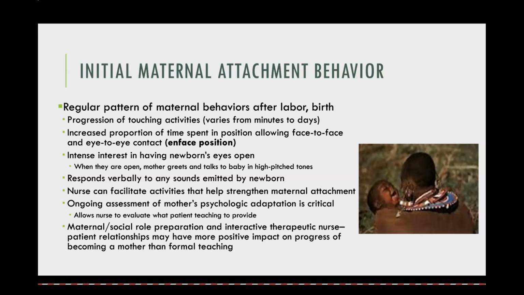And then as she becomes more comfortable, that touch becomes more engrossed, and she will start to increase the proportion of time and the way that she touches the baby.